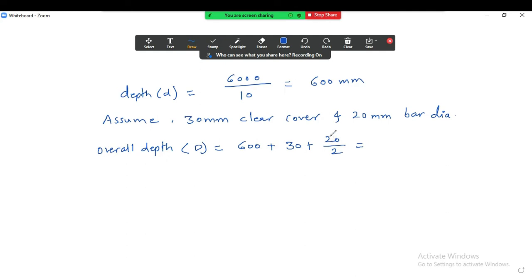So it works out to be, 20 by 2 is 10, 10 plus 30 is 40, so it is 640 mm. Instead of this 640, we will round this to 650. 640 is also okay, there is no problem. If you want to go with 640, then it is also okay.